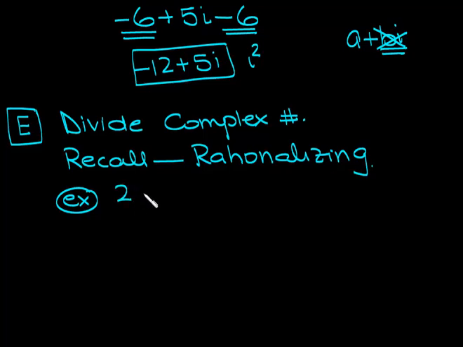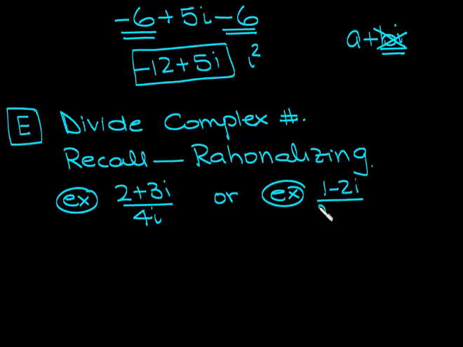If I have (2 + 3i) divided by 4i, or another example, I could have (1 - 2i) divided by (2 + i). Now in both of these cases, I'm dividing two complex numbers, but this i is technically a square root of minus 1, and so is this i.